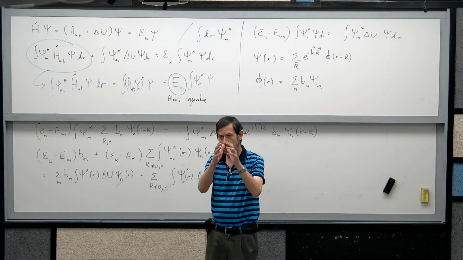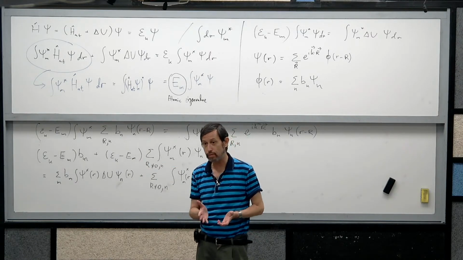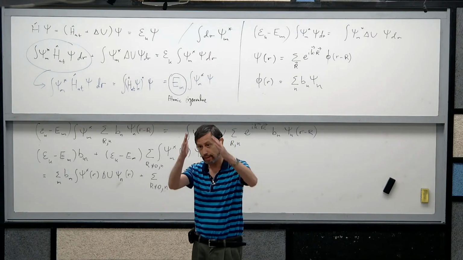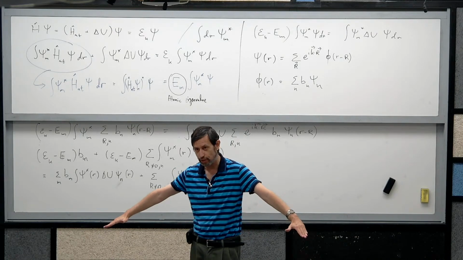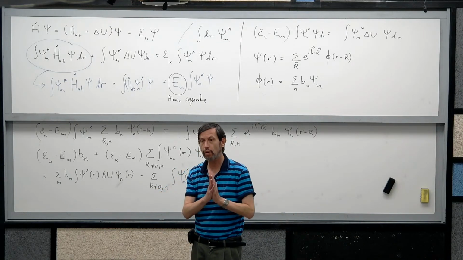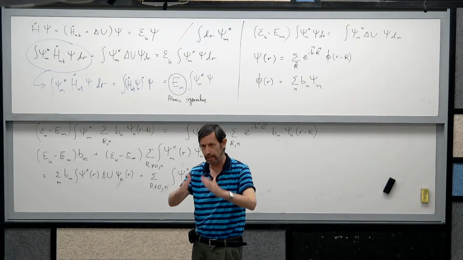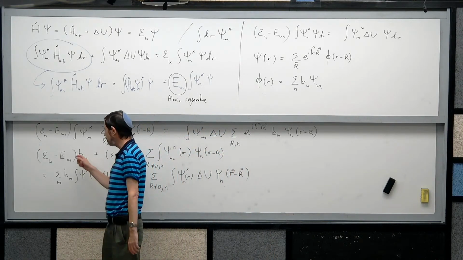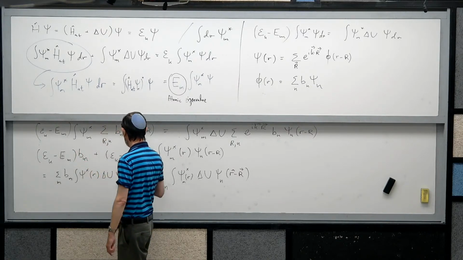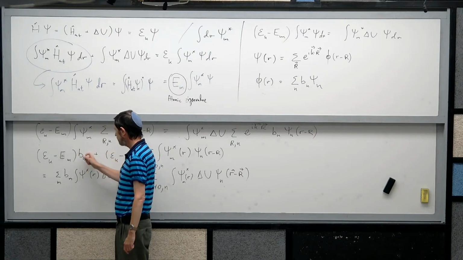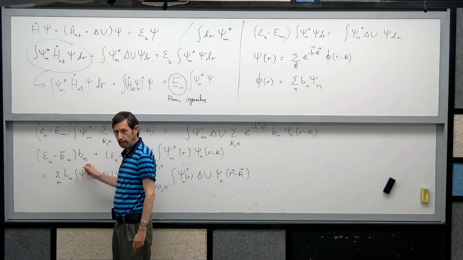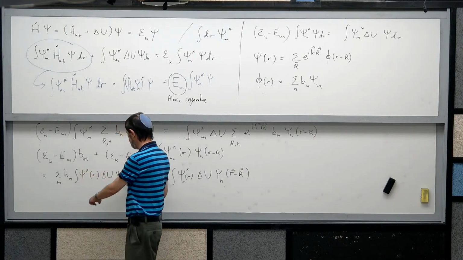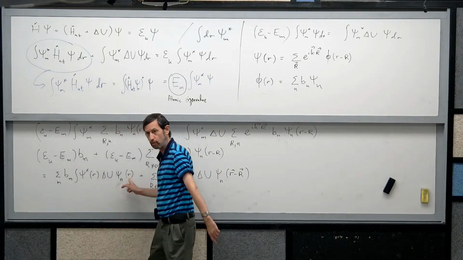An electron on an atom is close to the nucleus, right? It dies off exponentially. So it's a very localized wave function that dies off exponentially. So the main contributions of these integrals comes from psi that has the same r.